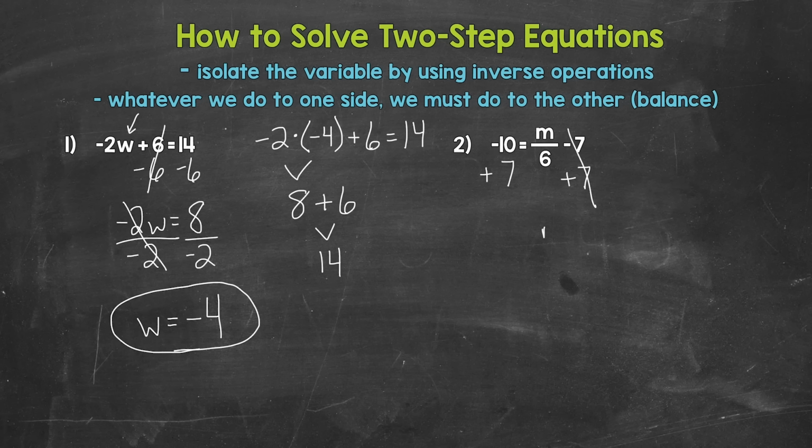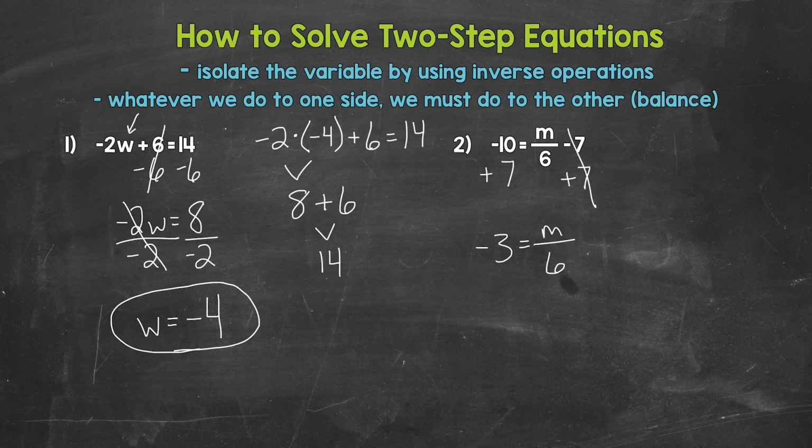So now we have m divided by 6 equals, and then on the left side of the equation, we have -10 plus 7. So we are starting at -10 and we are adding a positive 7. So we are increasing in value by 7. That gives us -3. So now we have m divided by 6 equals -3.